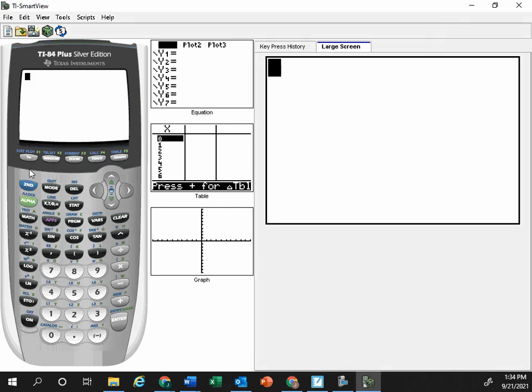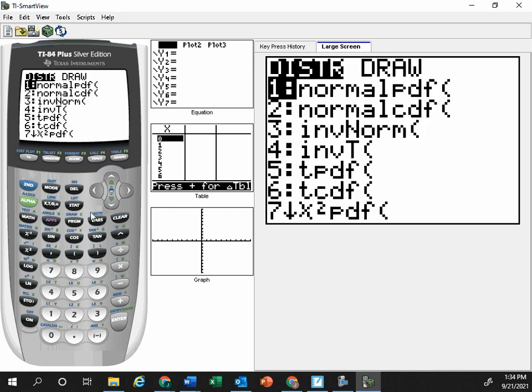All right, so you get there again by going into that distribution menu. So second vars takes you into the distribution, and then we want to pick inverse norm, which is the third one down.